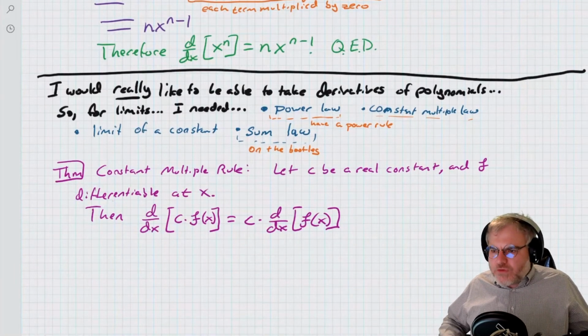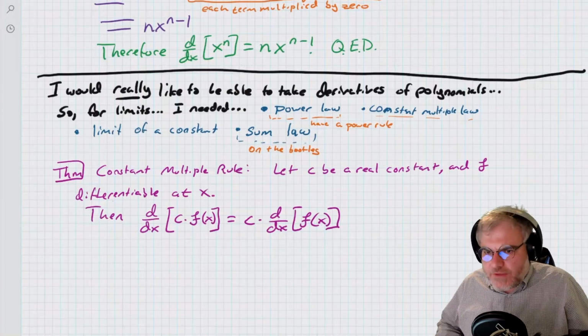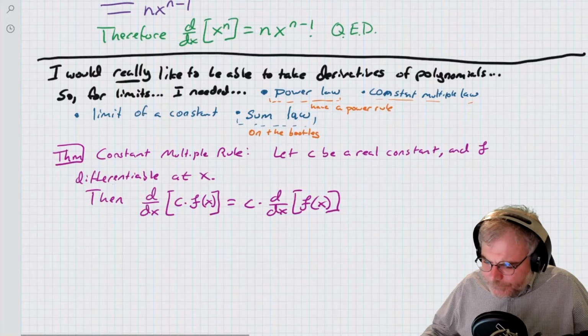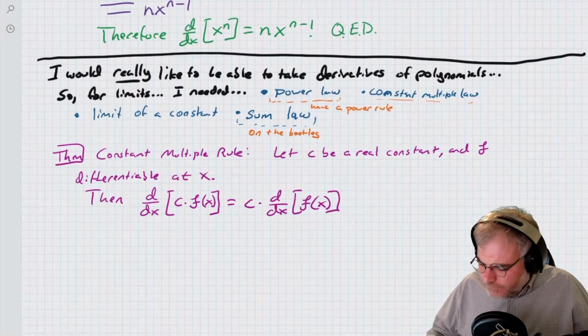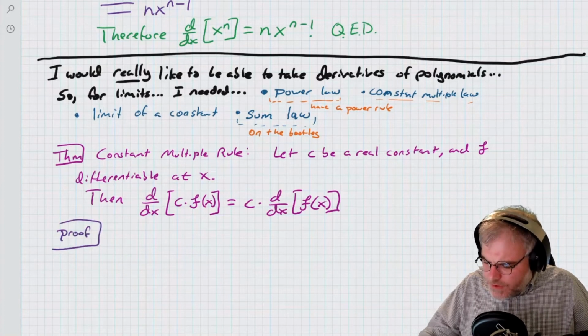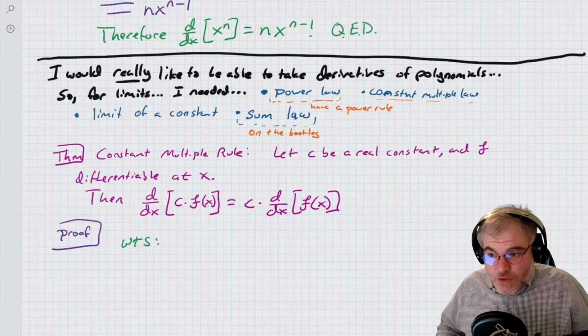Well, let's prove this, and the proof is relatively straightforward. We'll use the limit law. Okay, proof. What is it I want to show? By the time I'm done writing the want to show, it's obvious how you do it.